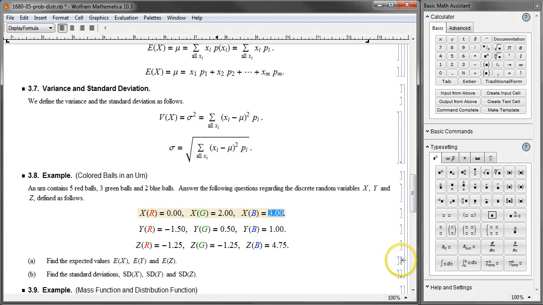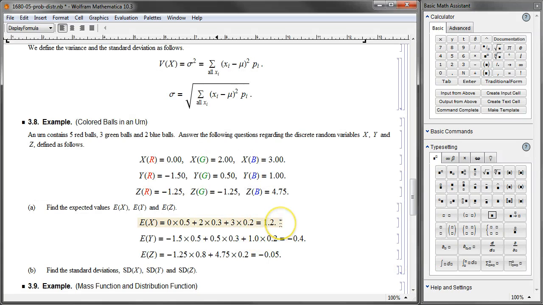Add them all up, you're going to get the expected value, kind of like this. 0.15, 2 times 1, 0.3, and 3 times 0.2.